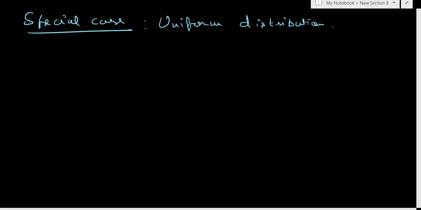So the next thing I want to discuss with you guys is a special case, that of a uniform distribution. This is given in your core reading. So let's talk about it. The problem with the uniform distribution is what I will be presenting you right now: why the standard likelihood method cannot be applied, and here we will be applying something called common sense, which is very uncommon these days, but we'll still try to use it.